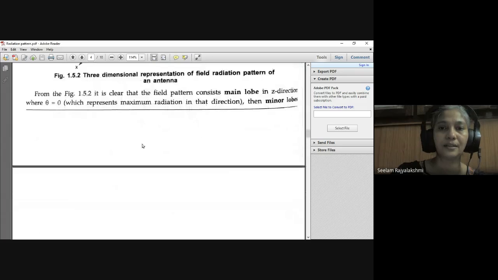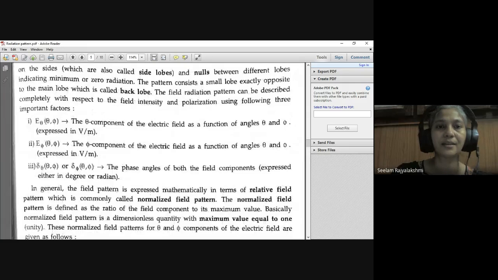We have already discussed this, and now let us see the next one. The field radiation pattern can be described completely with respect to field intensity and polarization using three important factors: E theta, E phi, and the phase angles delta theta, delta phi.